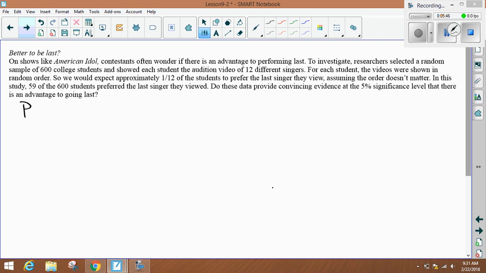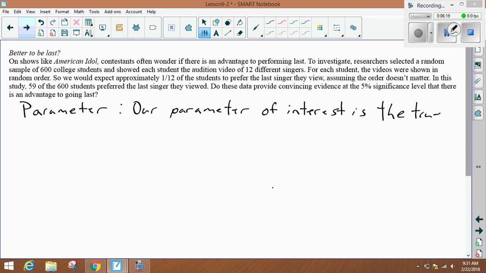What is our parameter? Let's actually just go ahead and state that our parameter of interest is the true proportion. You can say true.